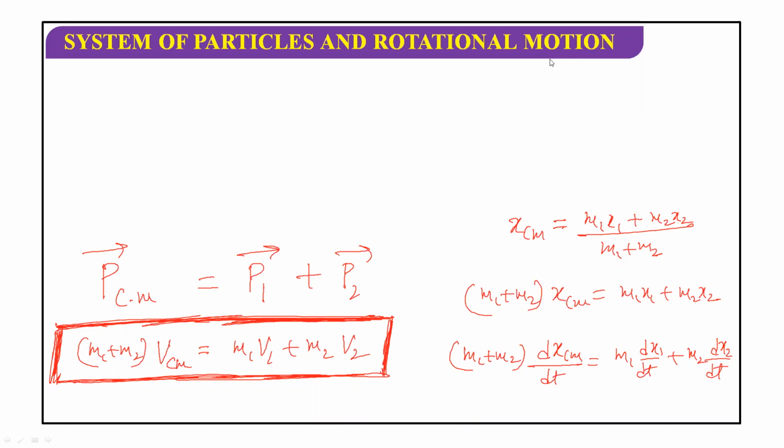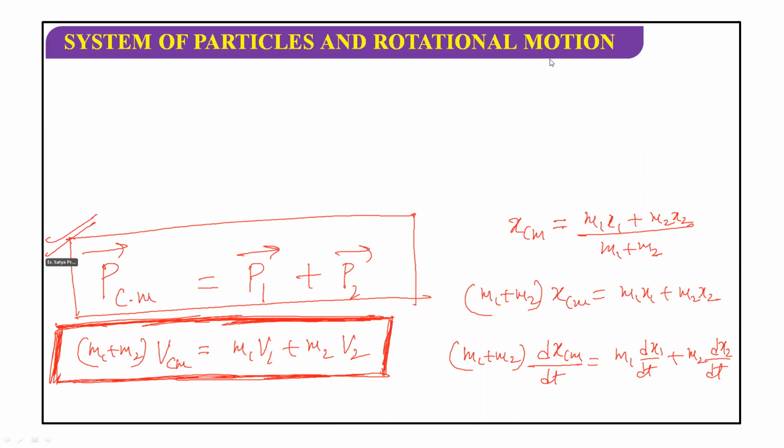How can we define the center of mass now? What is the other definition of center of mass? Can we say that center of mass is a hypothetical point whose momentum is equal to the sum of the momenta of the individual particles? So PCM will be P1 plus P2.